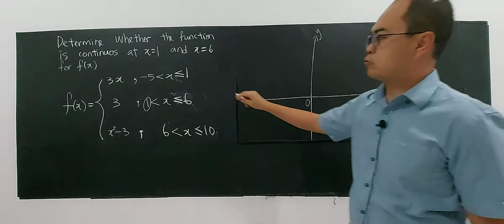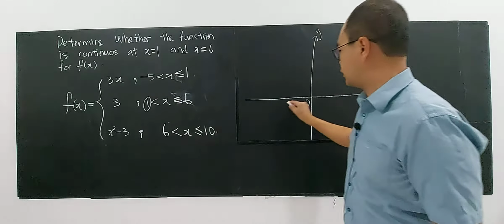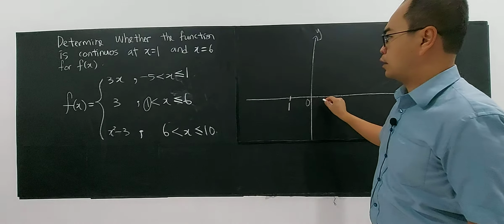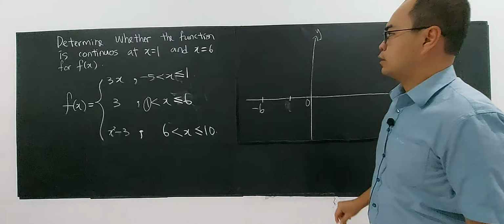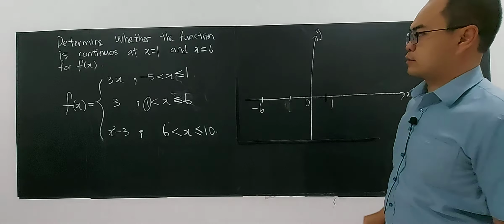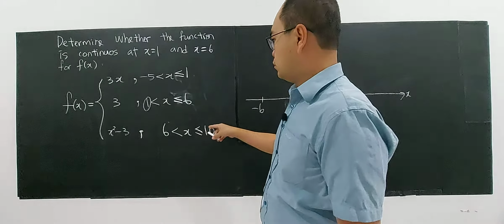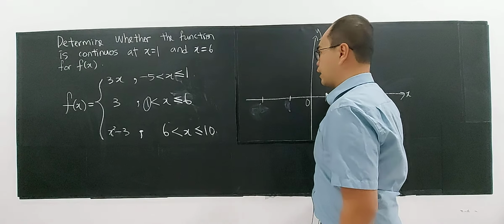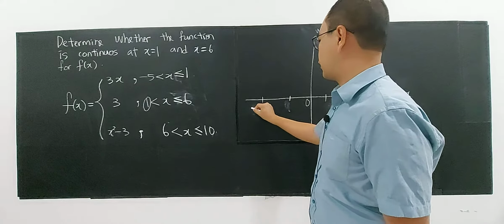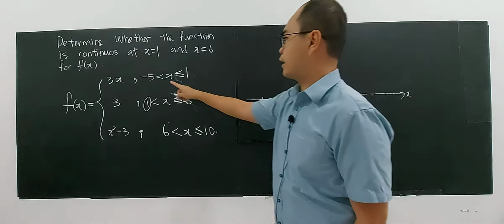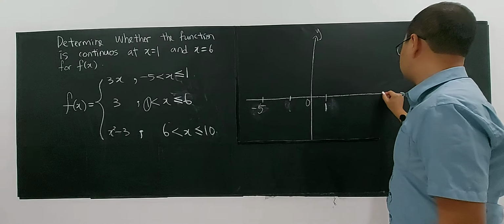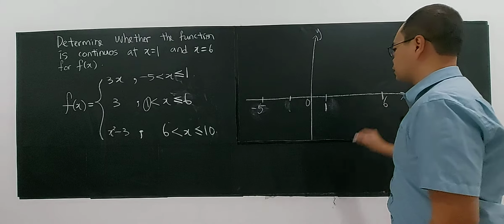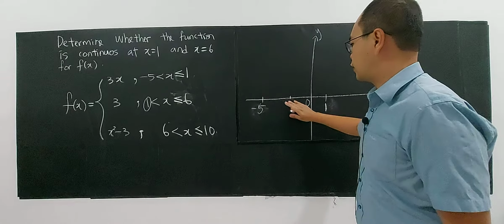There are 2 boundary values here: negative 5 and 1, then you have 6. So you have 3 values here.